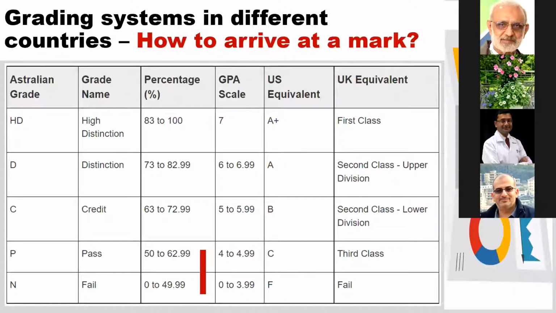The equivalent US grades include A+, A, B, C, and F. And UK equivalents are first class, second class upper division, second class lower division, third class, and fail. The question is how these grades were decided, how the marks were given to these grades, especially the category of pass and fail.